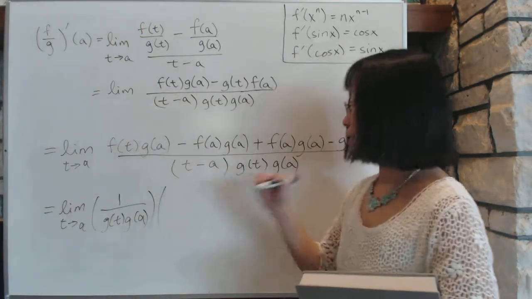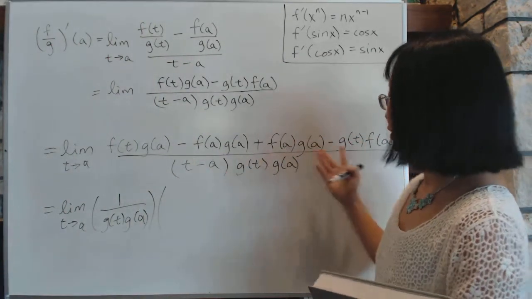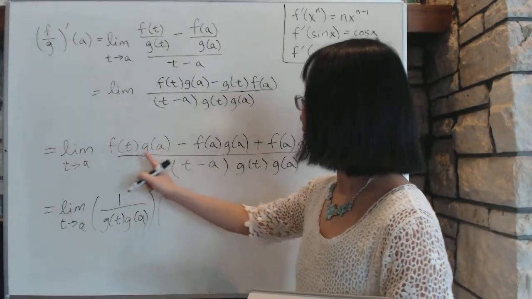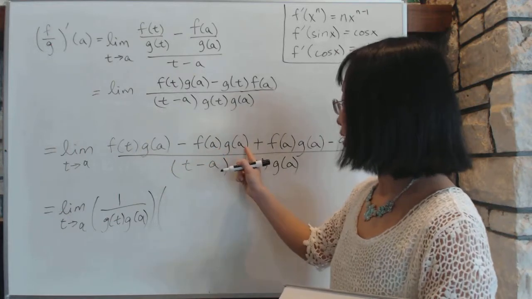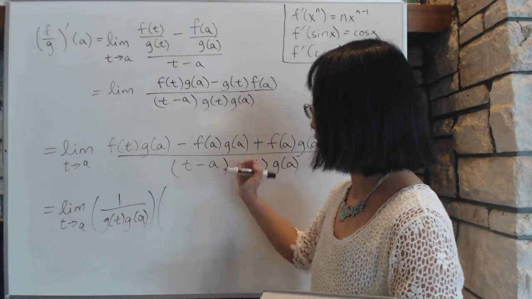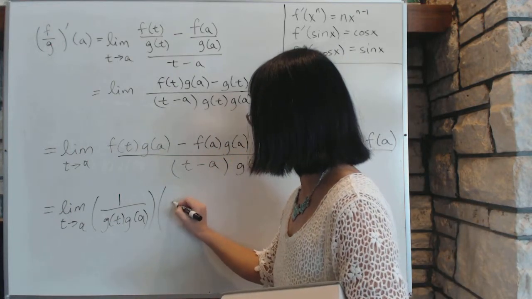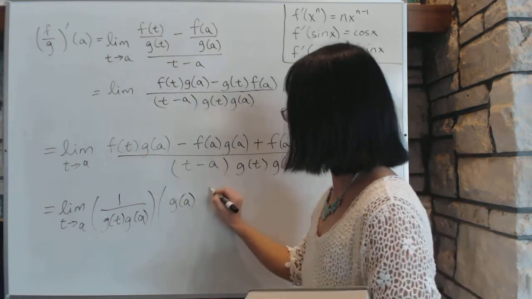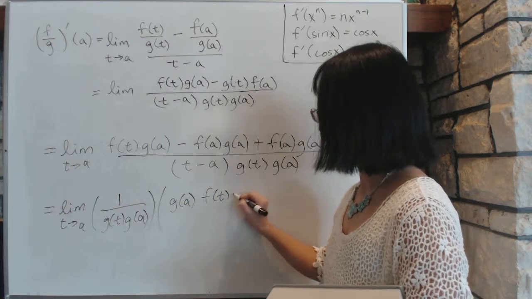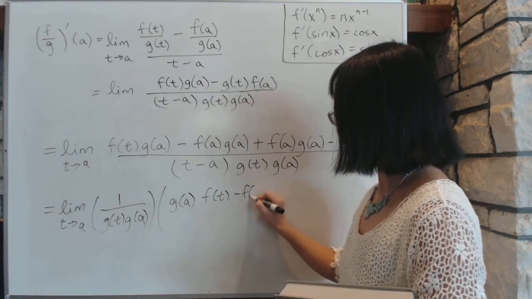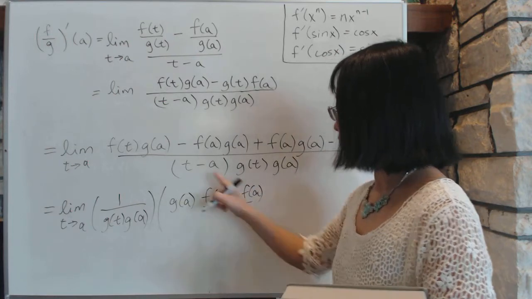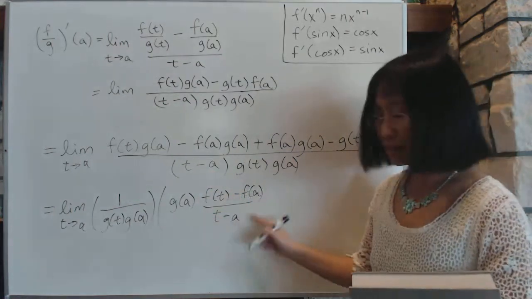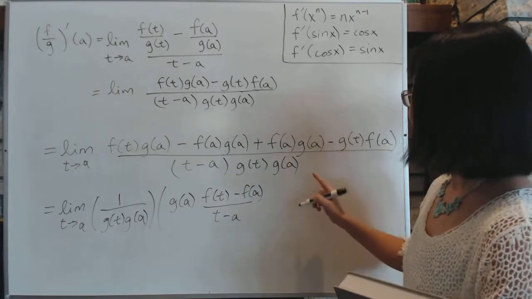Then we'll split the fraction into two chunks, just like the proof in the product rule. What we have is f(t)g(a) minus f(a)g(a), so the g(a) is the common factor here, which we will factor out. So we have g(a), and then the rest becomes f(t) minus f(a) divided by t minus a. And that, as you can see, is exactly f prime of a, so we're doing great.